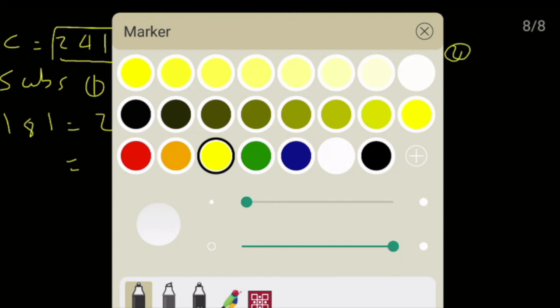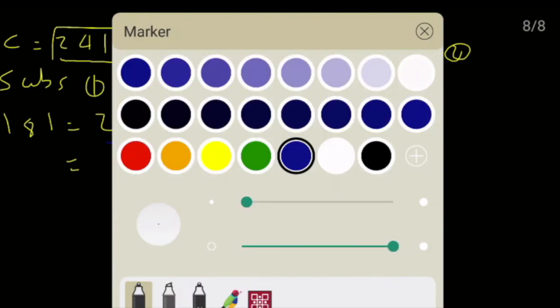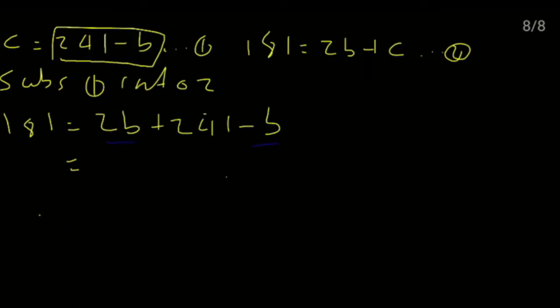So as you can see here and here, it's 2b minus b, which is b.